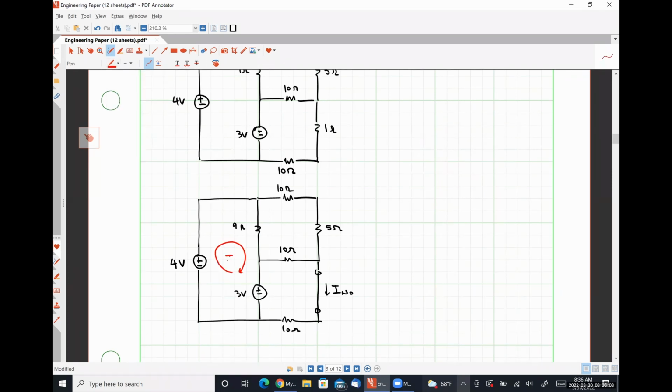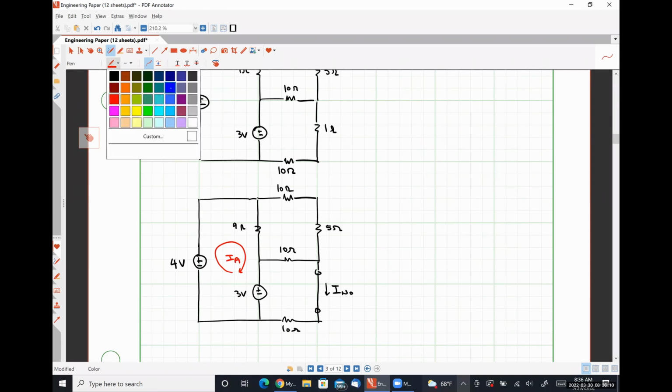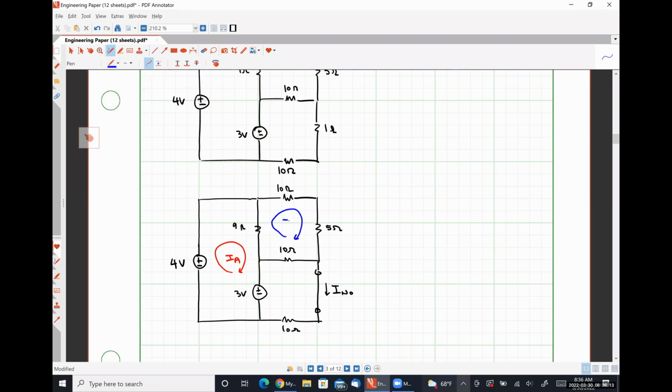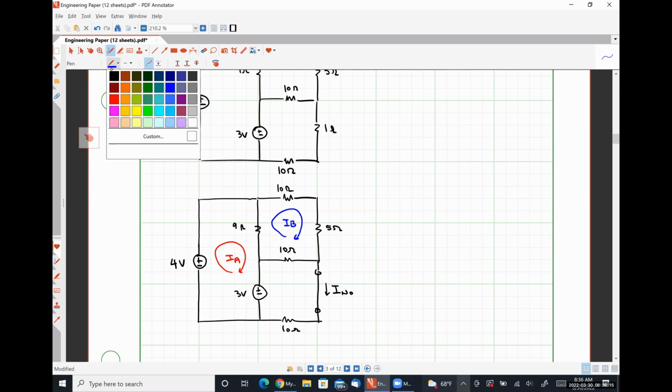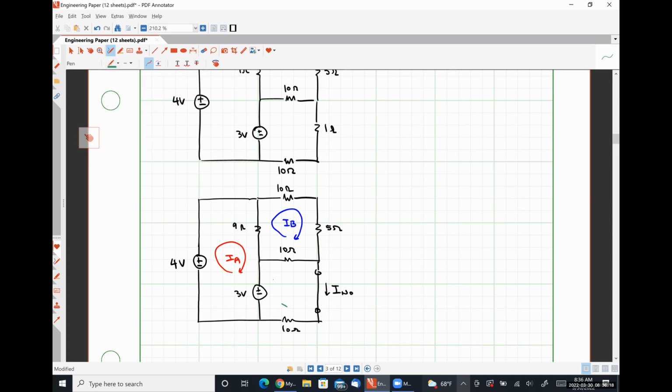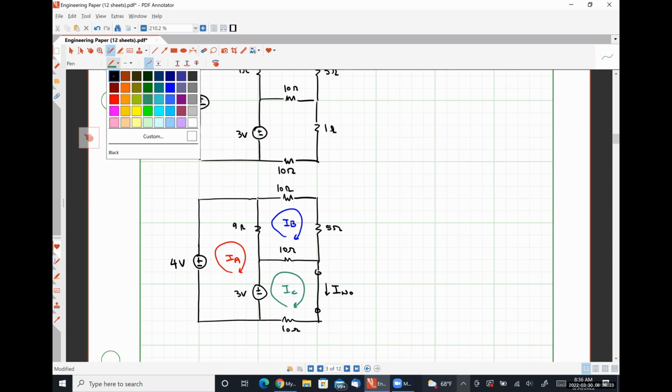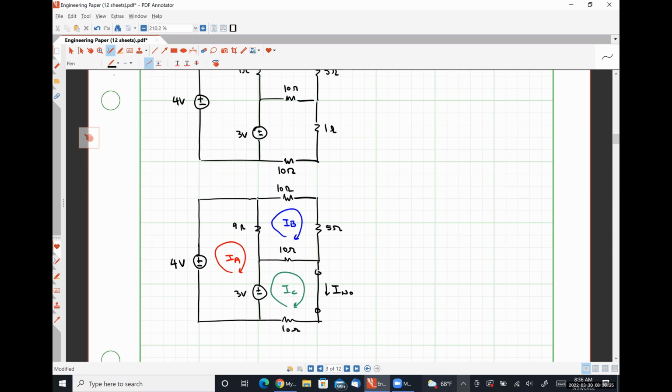So let's call this mesh current IA, this mesh current IB, and this mesh current IC. We have identified and labeled our 3 meshes. There are no dependent sources, so we don't have a controlling variable relationship to write. There are no current sources, so we don't have any current relationships to write.